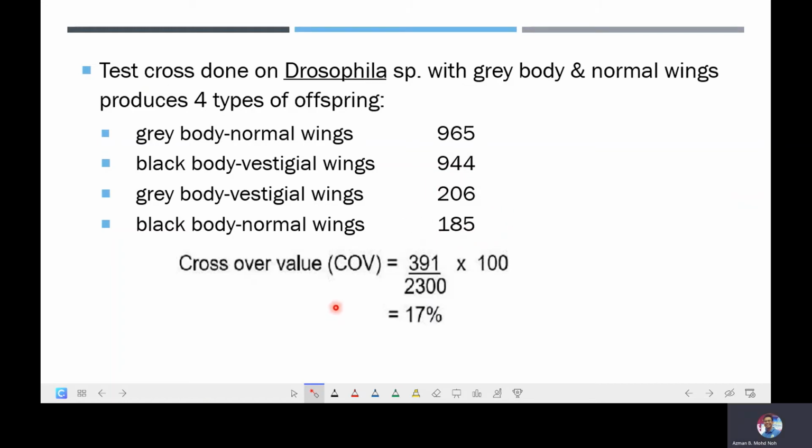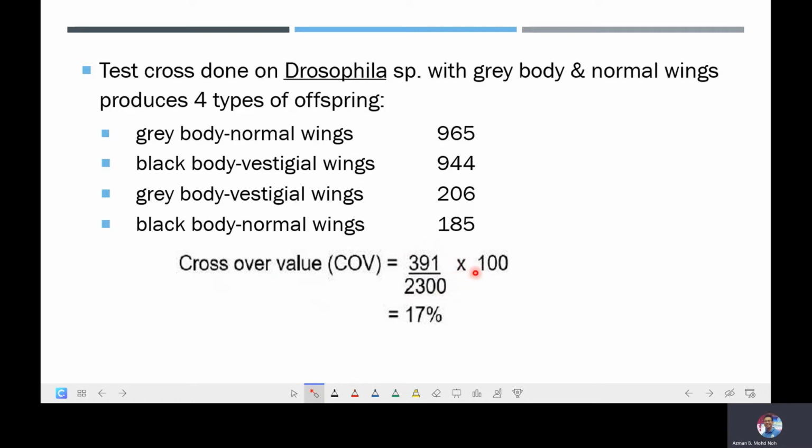And so we will start by calculating the crossover value, in which we get the number of the recombinants over here, 206 plus 185, and that equals to 391. And we divide this 391 with the total number of offspring, which is 2300.